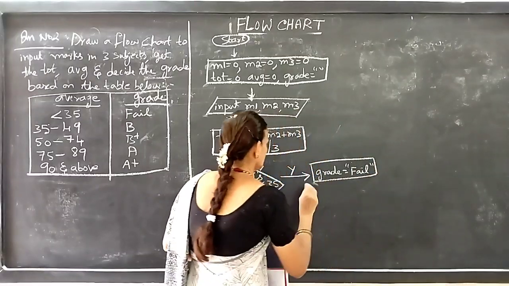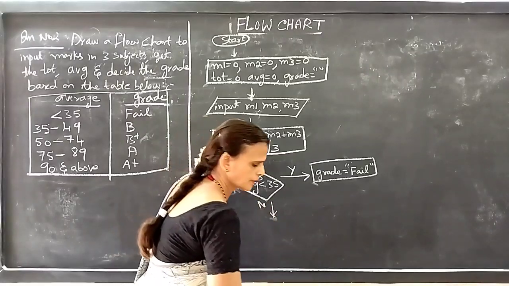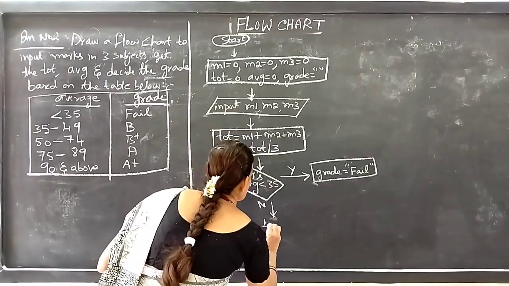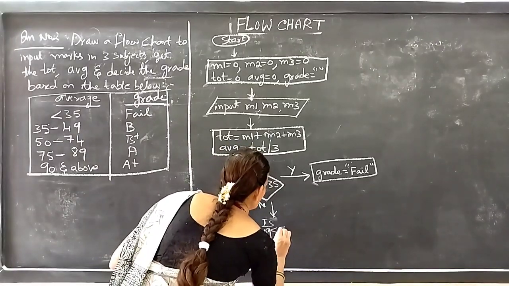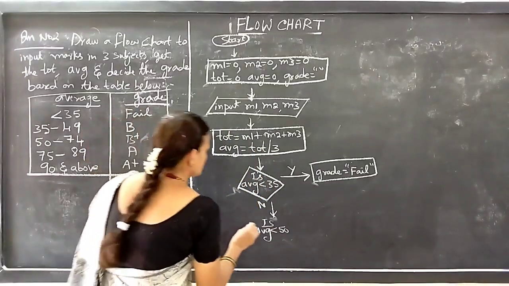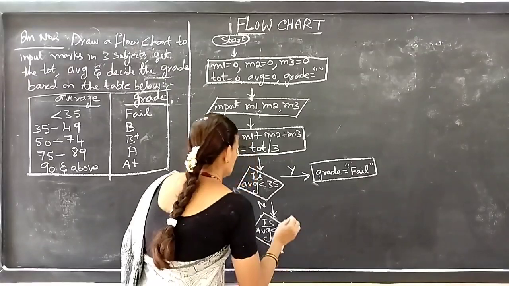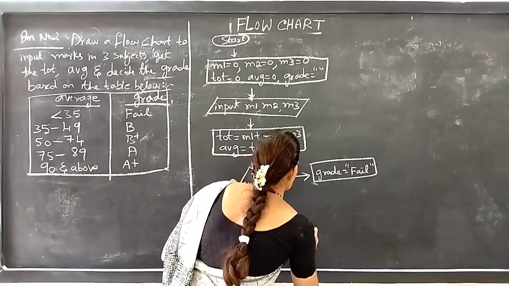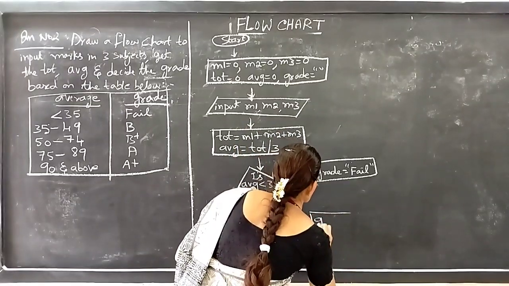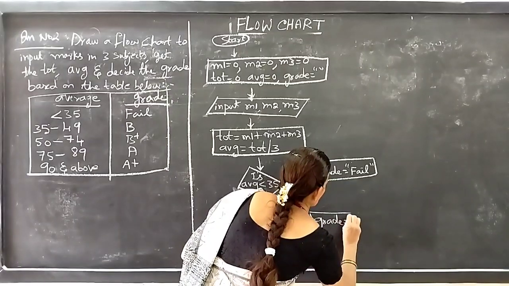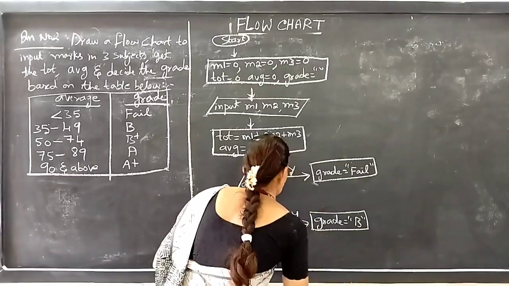Next we have to check the next option: average is less than 50, meaning up to 49. If it is yes, the grade will be B as per our table.